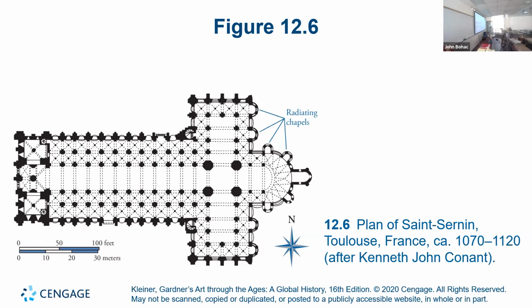Today we'll talk about the Romanesque and the Gothic periods. One of the characteristics of this era at this time, at this place, is that virtually all of the artwork is connected to the church. Period.